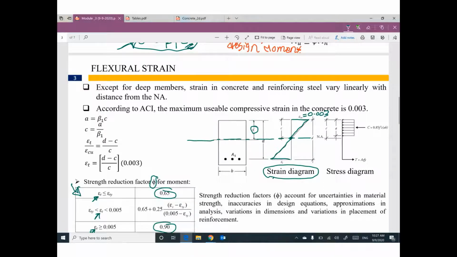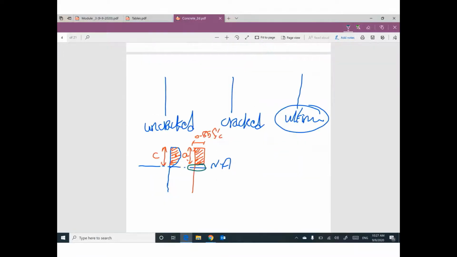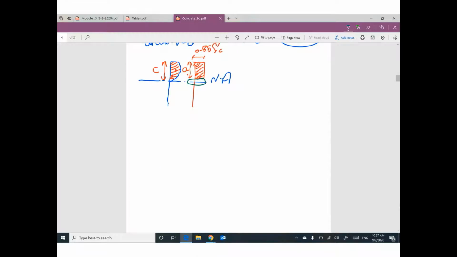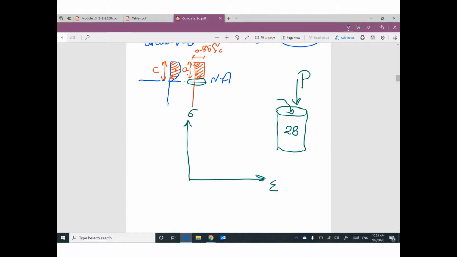Can I tell you a good story also? If you go back to our old story, we had concrete cylinders filled with concrete, waited for 28 days, and applied compression force on the concrete cylinders. We can record the relationship between strain and stress. Do you remember this old story? We can draw this relationship to be something like this, which is called the stress-strain curve for concrete.